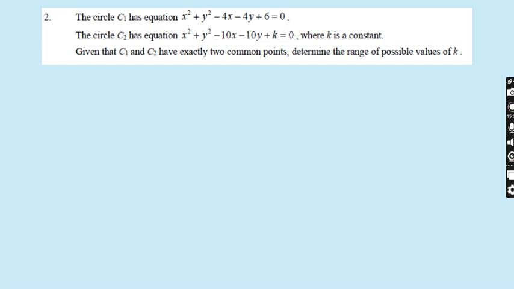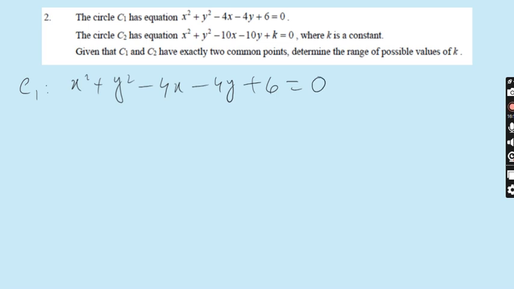The circle C1 has equation x square plus y square minus 4x minus 4y plus 6 equals 0.